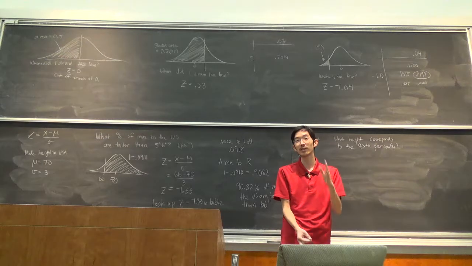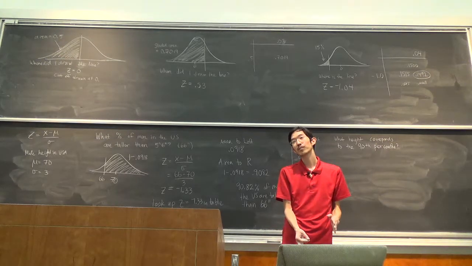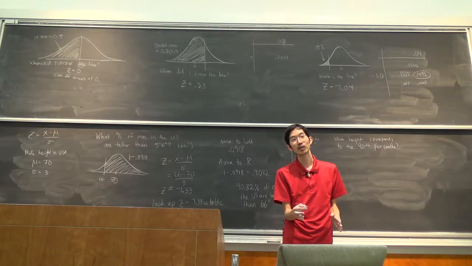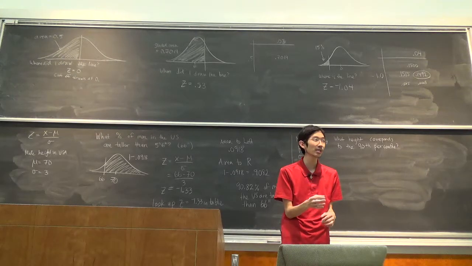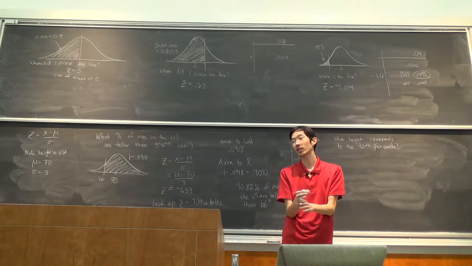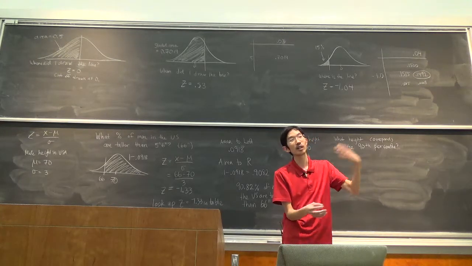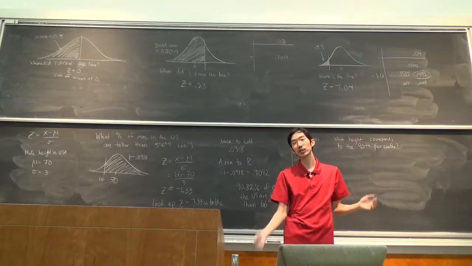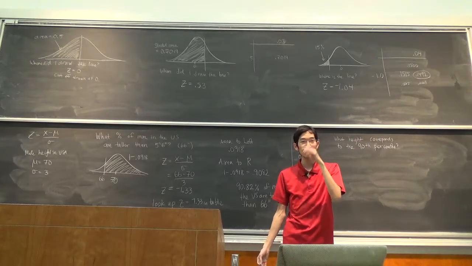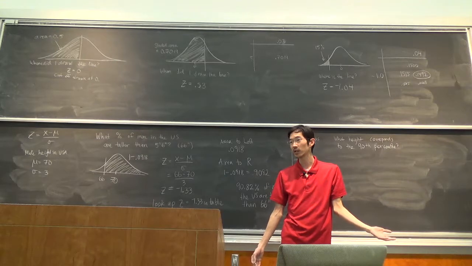If someone is in the 2nd percentile, only 2% have heights shorter than that, and 98% are taller. If someone's in the 90th percentile, 90% of people are shorter, and 10% of people are taller.